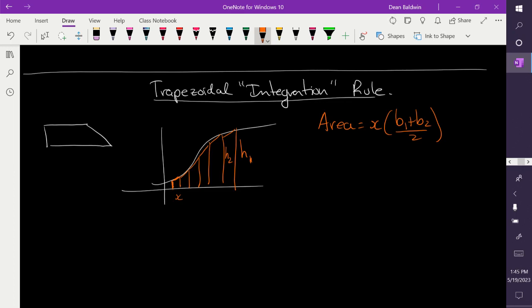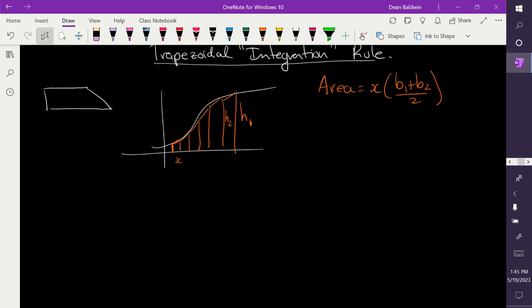So if you're going to write it out, we can say the integral of f of x dx between a and b is going to be the sum of the trapezoids, which is going to be delta x, because that's going to be the width of each trapezoid.